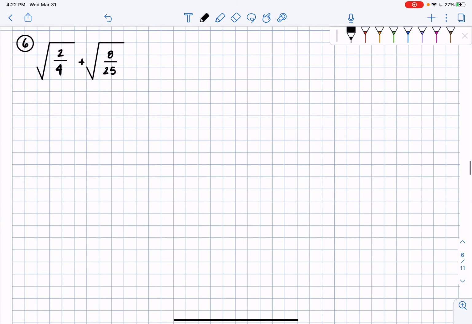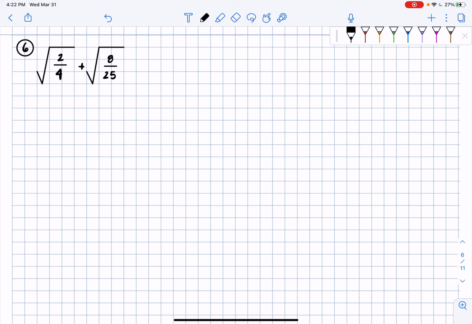On to number 6. Okay, number 6. What I have here is basically 2 fractions added to each other. However, if I break this apart, essentially I have a square root of 2, which I cannot break down, right?